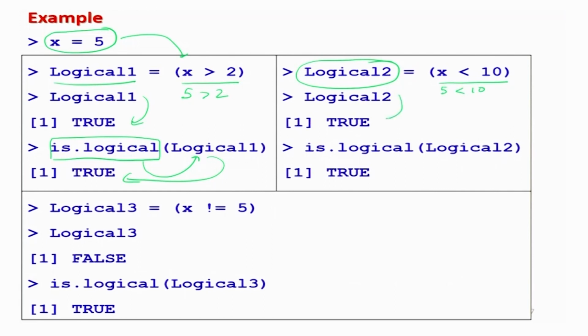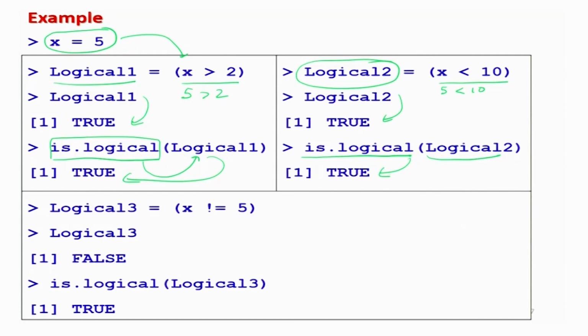If you see the outcome of logical2, it is true. In case you want to see the behavior of this logical2 using the command is.logical, and inside the parenthesis you say logical2, the name of the variable, it gives you true. That means this variable is a logical variable.